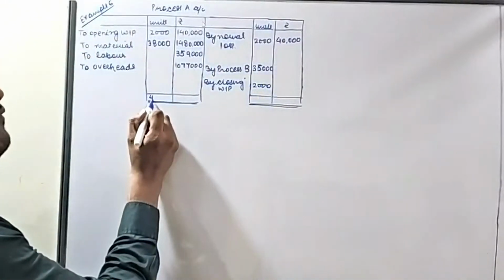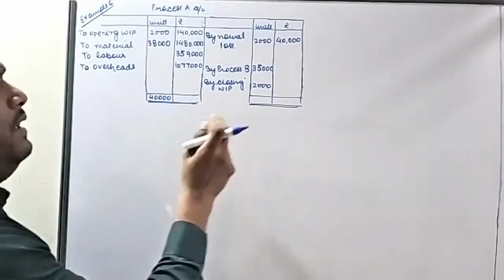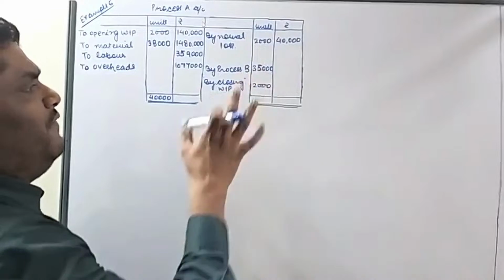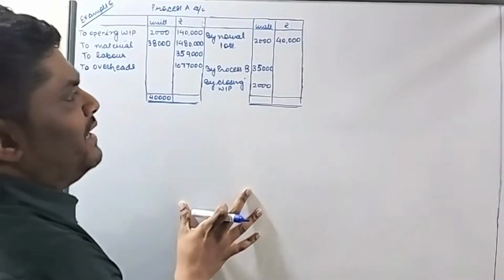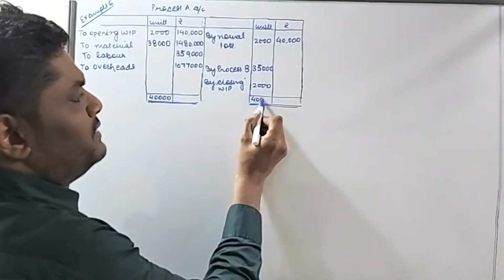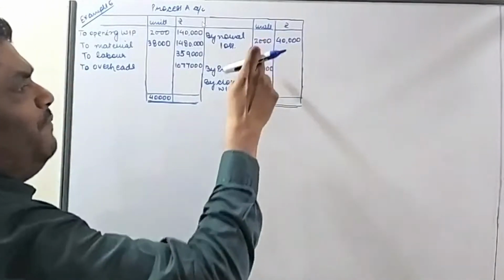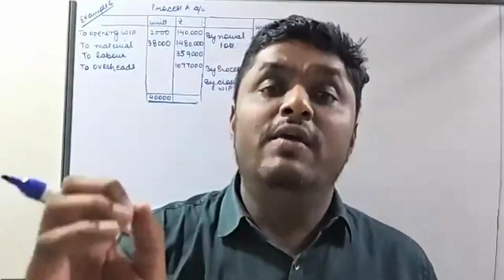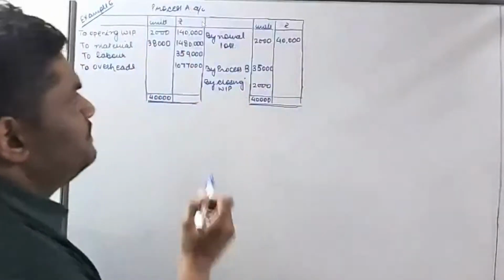So total we have 40,000 units as raw material. And when talking about the output, 2,000 was normal loss, 35,000 was the units that are transferred to the next process, and 2,000 is closing work in progress. So here 35 plus 4, 39. So 1,000 there is an extra loss. We call it abnormal loss.